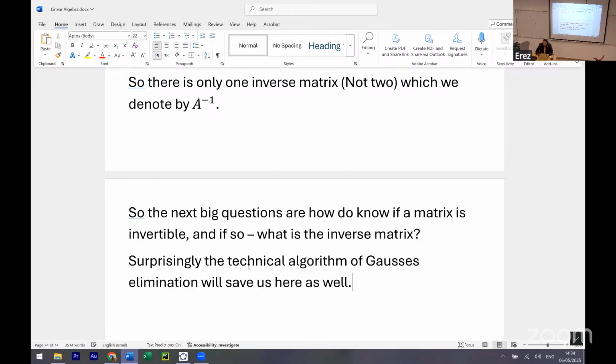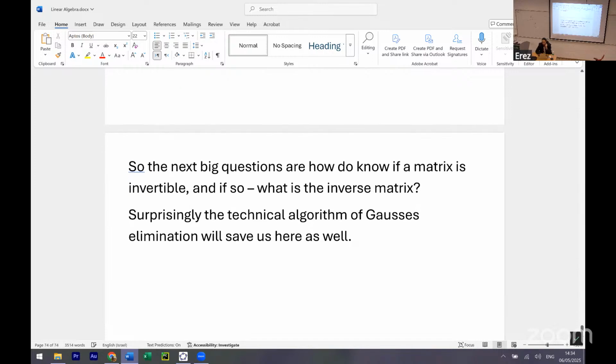So what I was struggling with is to explain to you why it is so surprising, because Gauss elimination was thought of up until now as the way to solve a system of equations. We sum up the equations in order to cancel the coefficients and whatnot.